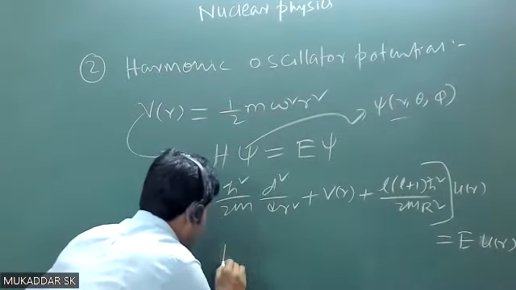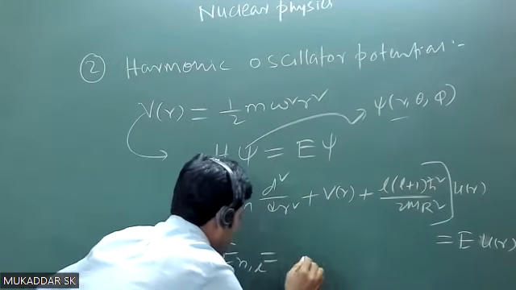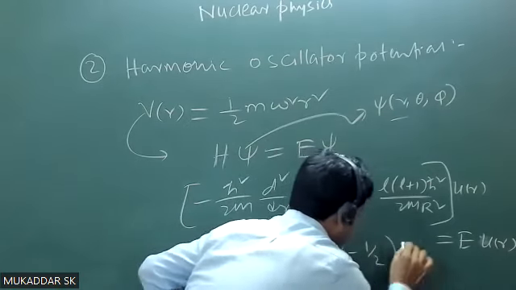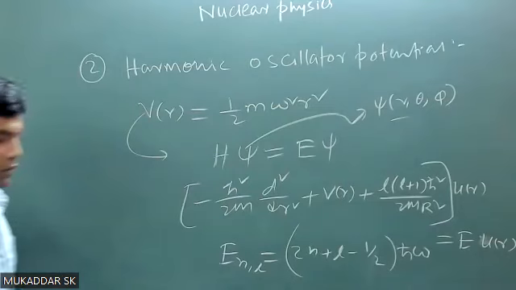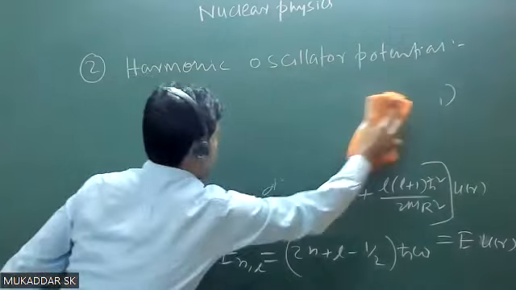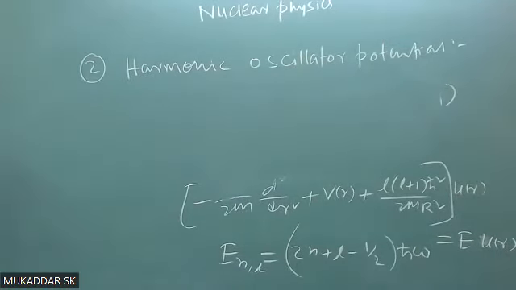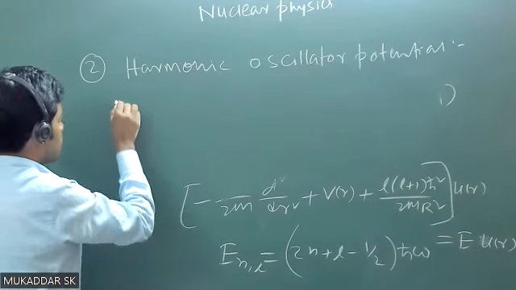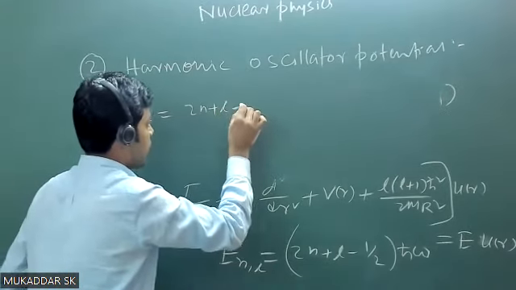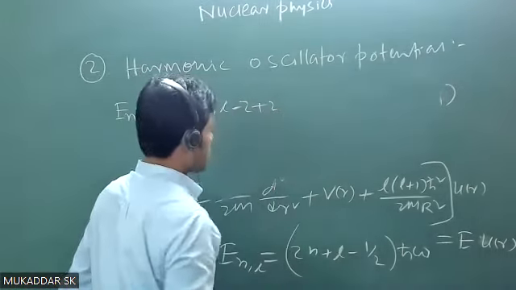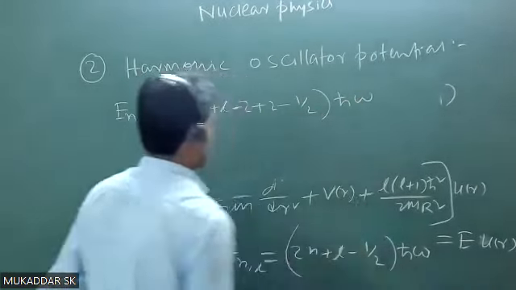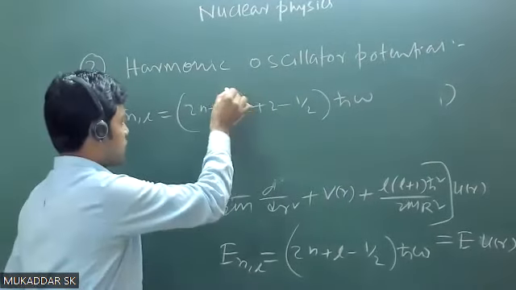Now the solution of this equation is E n L, that is twice n plus L minus half h cross omega, that is, twice n plus L plus half h cross omega. Now I'll write that again, E n L will be twice n plus L minus 2 plus 2, right? Then half h cross omega. Now I'll combine these terms.